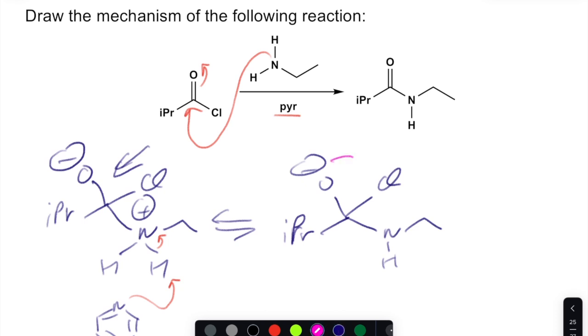Now from here, we're going to bring down this charge and eject the nucleophile to give us our final product. Remember the other thing here for charge balance: this reaction is going to be running with pyridine, where we're making one equivalent of the pyridine salt and chloride minus, just for balancing out where all the atoms go in this transformation.